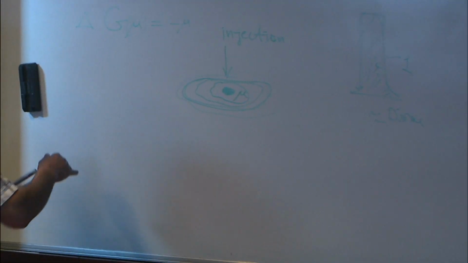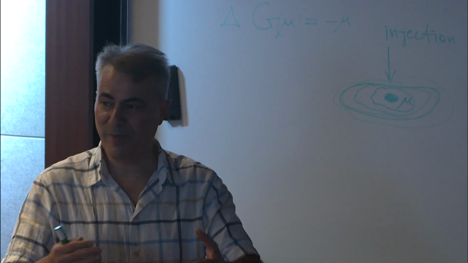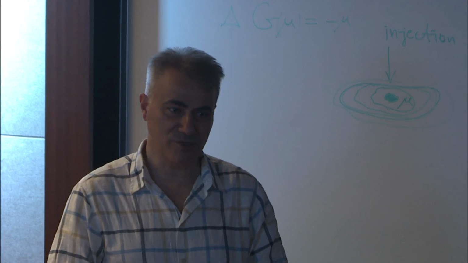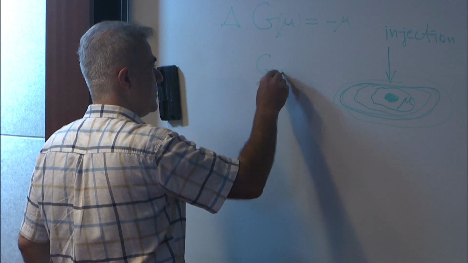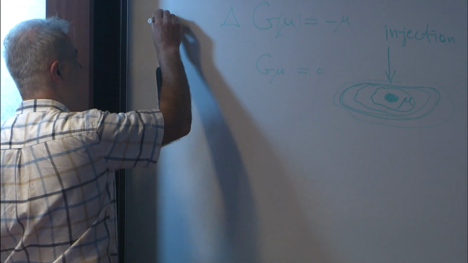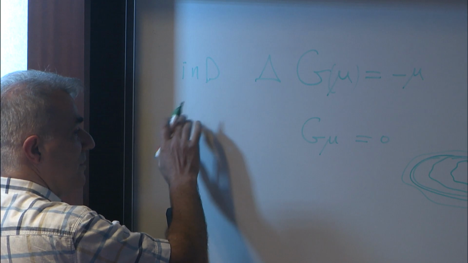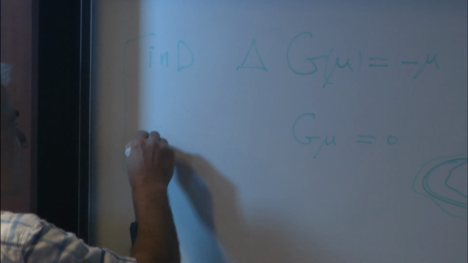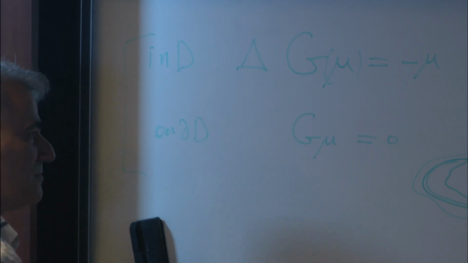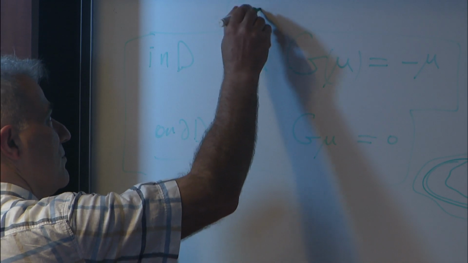The Green's function is the fundamental solution minus the harmonic function, which balances on the boundary, so that the Green's function becomes 0. I'm not specifying D here, but I'm saying in the domain. So this is just the general definition of the Green's function on the boundary of the domain.